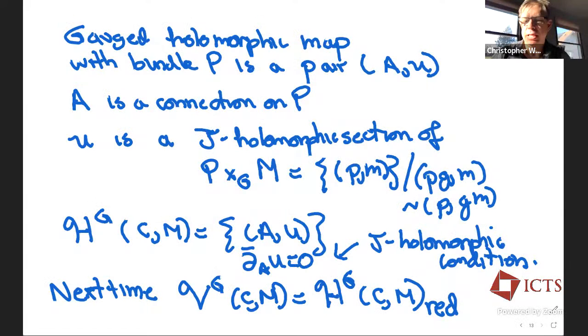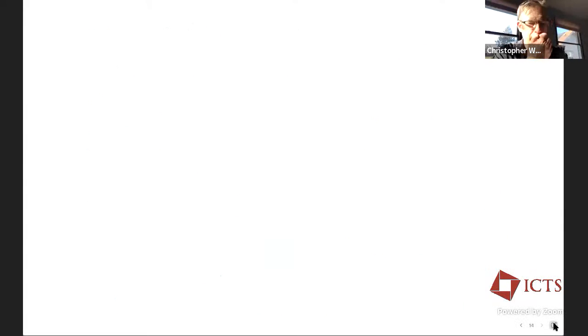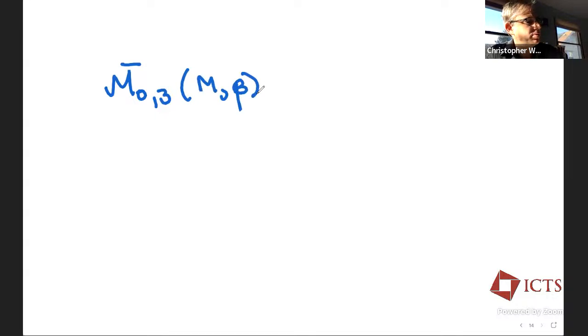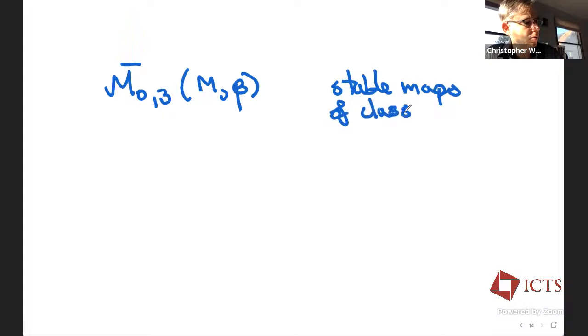But the easiest way to say it is that I have this moduli space of stable maps of class beta, genus 0, and 3 markings.